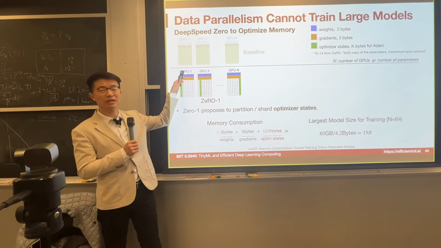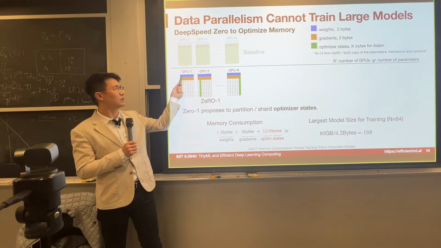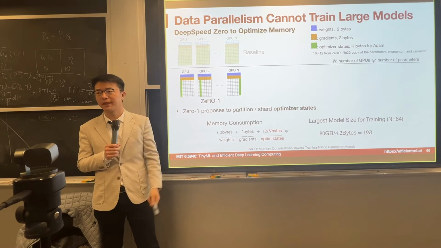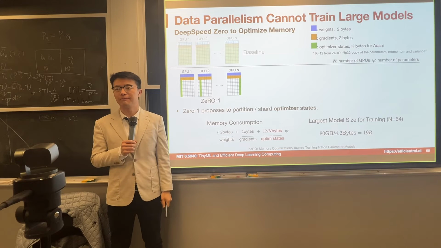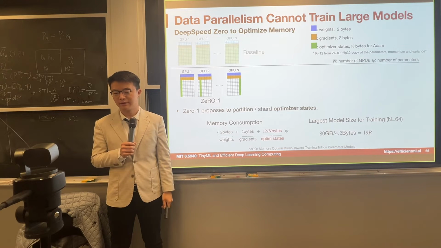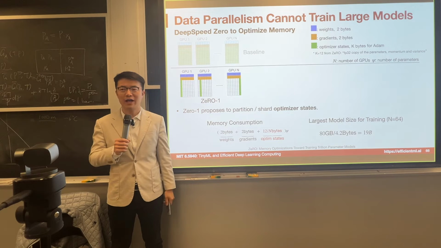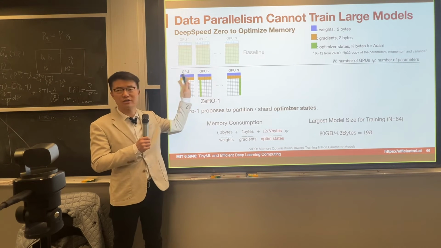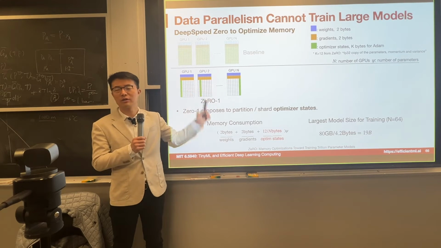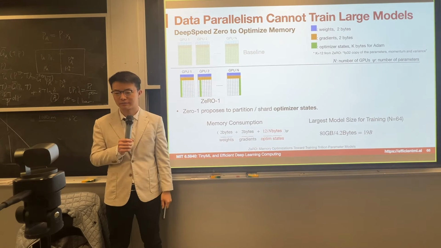Therefore, it can only update its own copy of the gradient and also the weight, because it only has its own copy of the optimizer state. What if it wants access to others' optimizer state or weight? You can just exchange the information by communication.